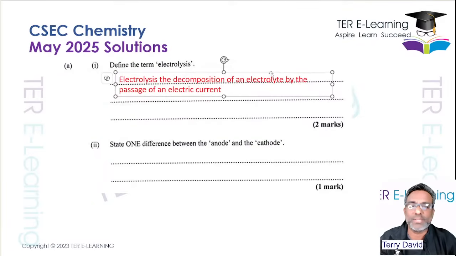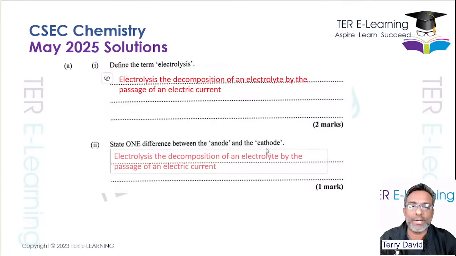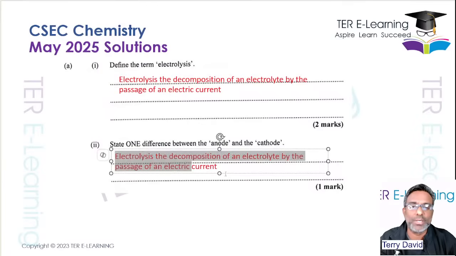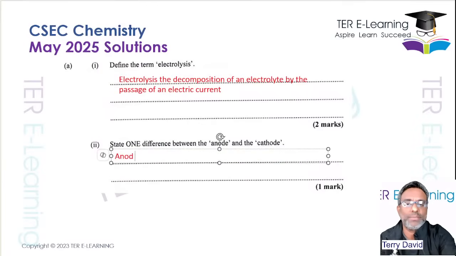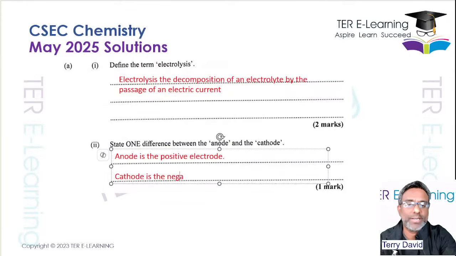State one difference between the anode and the cathode. Well, the anode is the positive electrode. So you can say something as simple as this, and we can say that the cathode is the negative electrode.